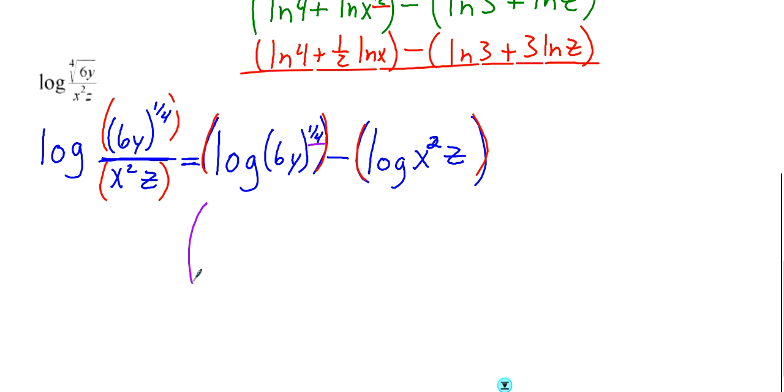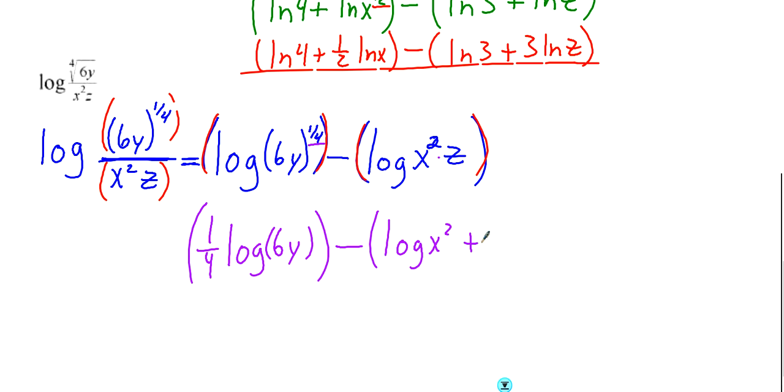So parentheses, 1/4 log of 6y, minus, and in this one I can actually separate my x squared and my z. Okay, because the power is only with the x. I can't do the power until I separate those two. Okay, so that's my next step.